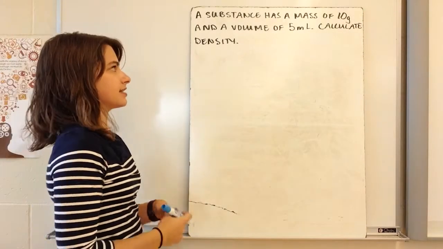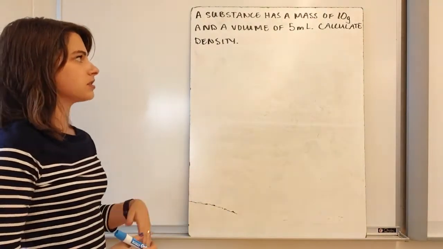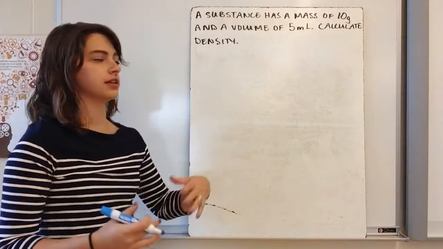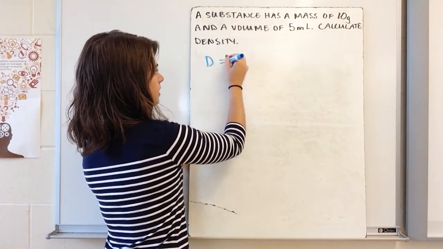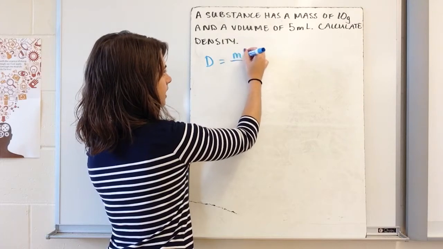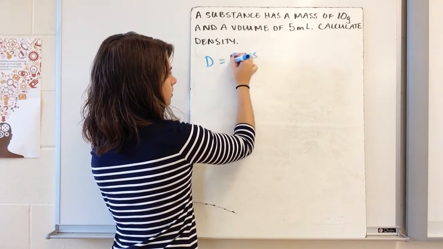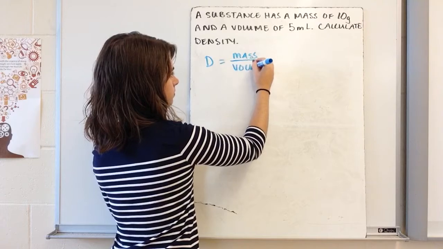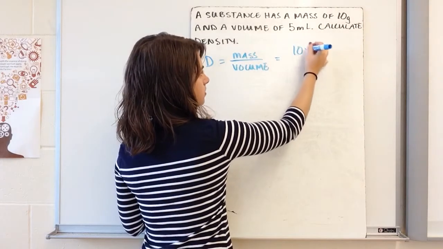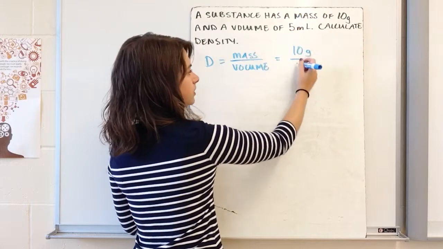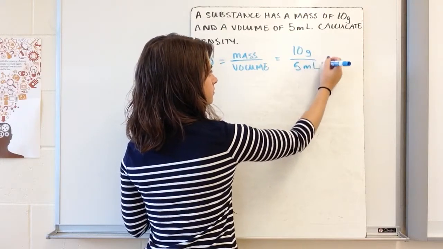First example reads, a substance has a mass of 10 grams and a volume of 5 milliliters. Calculate the density. So we know that density equals mass divided by volume. So my mass is 10 grams. My volume is 5 milliliters.